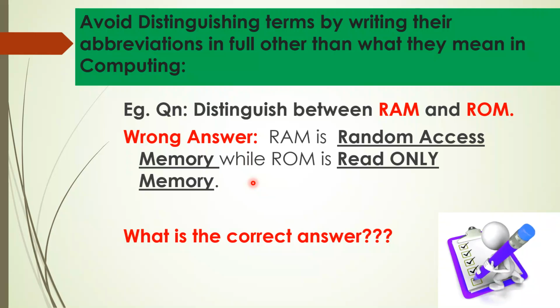ROM is non-volatile. It doesn't lose its content when power goes off. One would also say that RAM is temporary while ROM is permanent. So please try to give those kind of distinctions, but don't write their abbreviations in full.